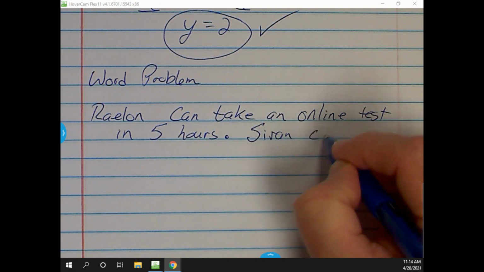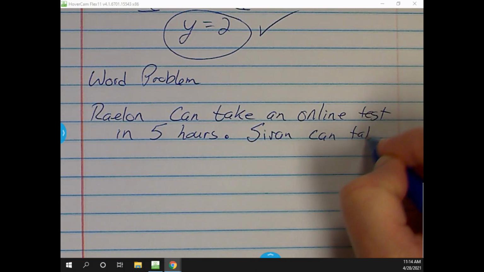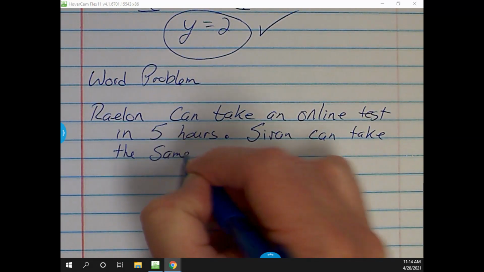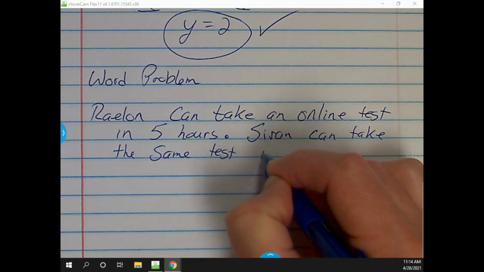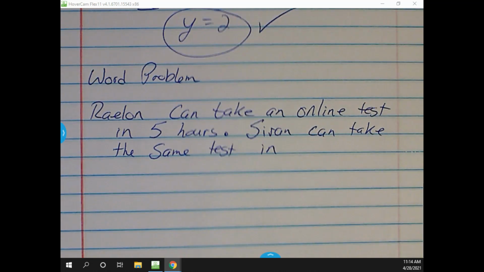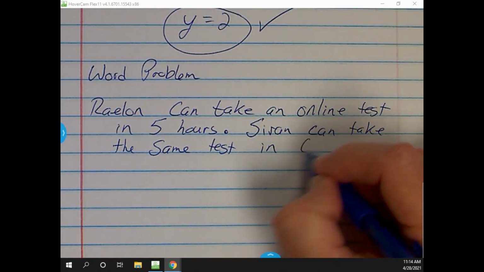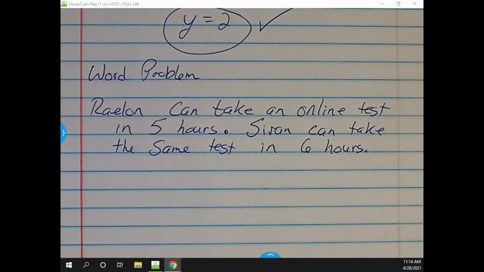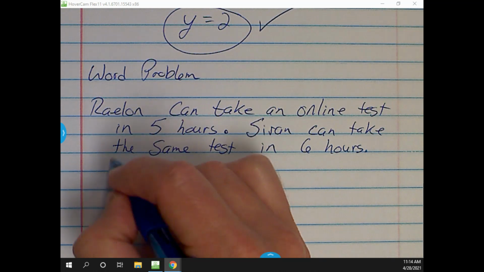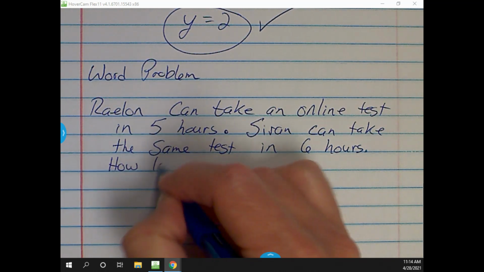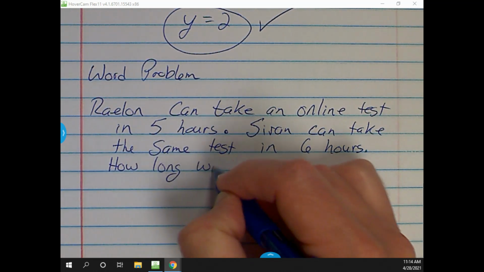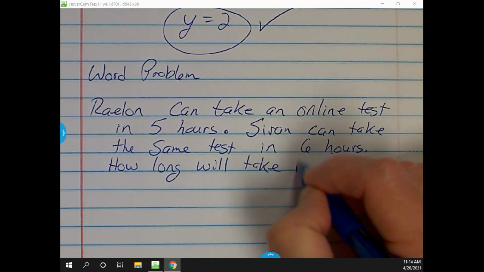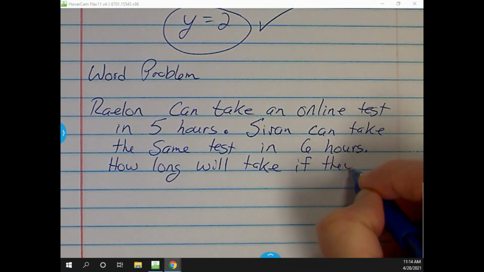Savon can take the same test, and we'll say 6 hours. And the question we're going to ask is how long will it take if they work together?